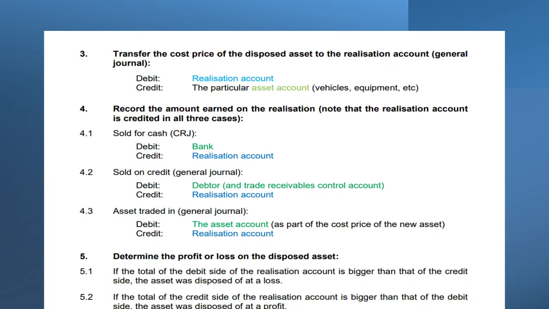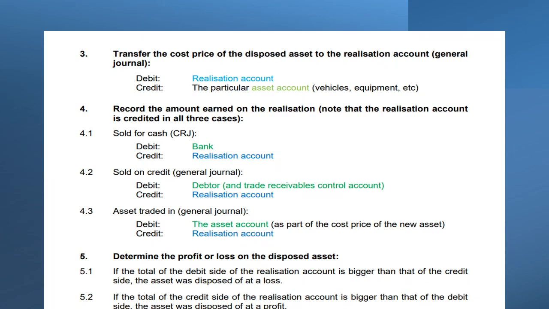Note that the realization account is credited in all 3 cases. So now we need to record the amount that we have made when we are selling this asset, because remember, we're dealing with asset disposal. You could have sold it for cash or sold it on credit, or you could have traded the asset in.